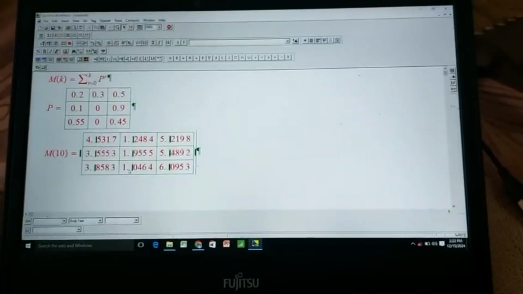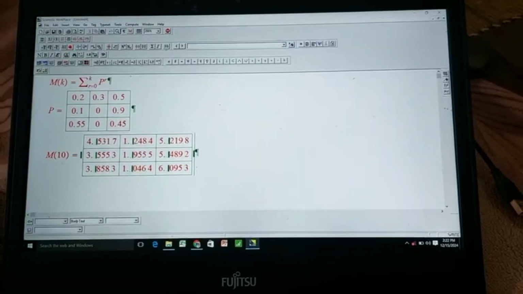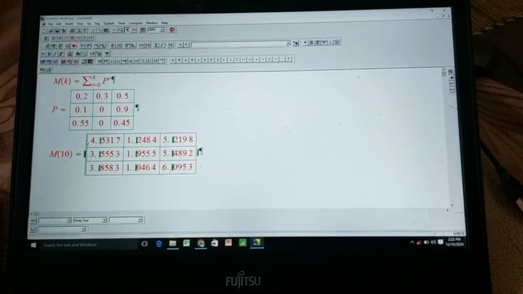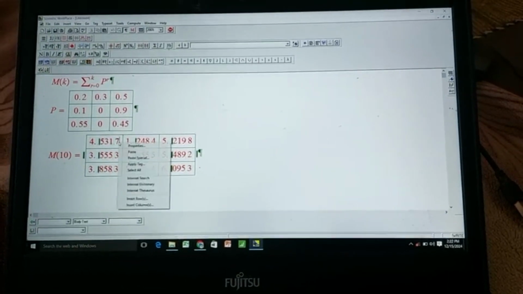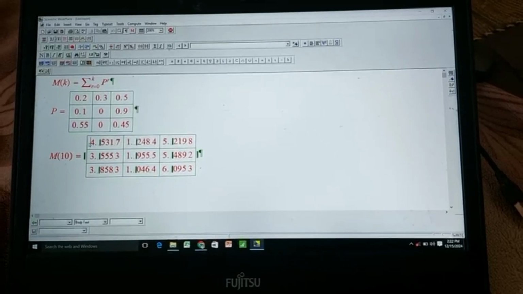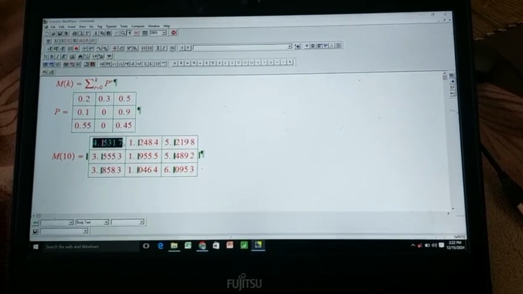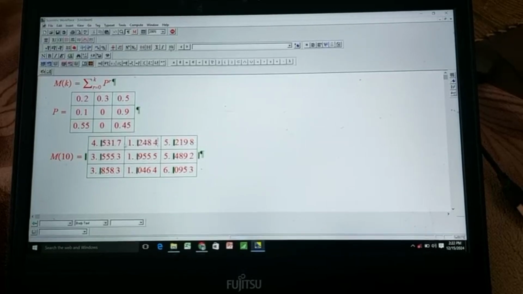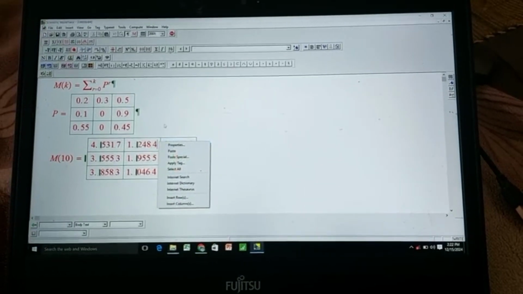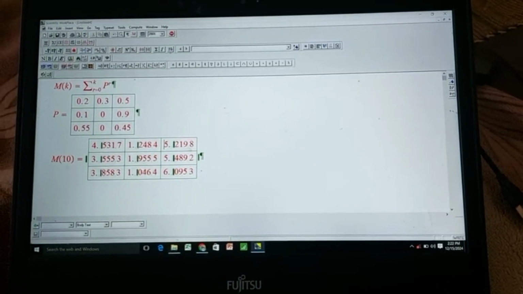So after 10 time periods, if the initial state is 1, this much time it will regain the same spot, this much time it will go to the second state, and this much time it will go to the third state.